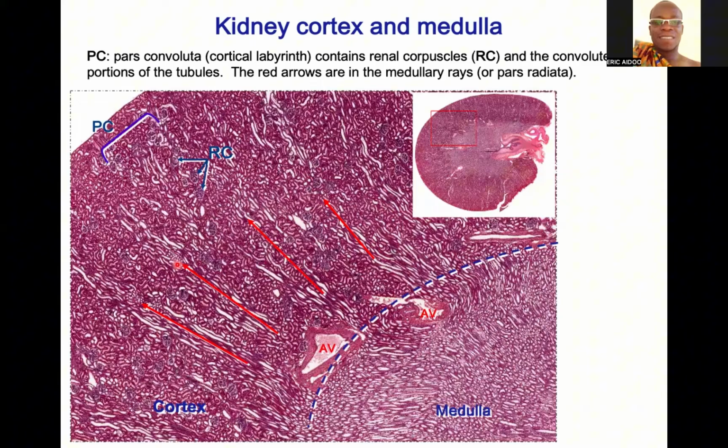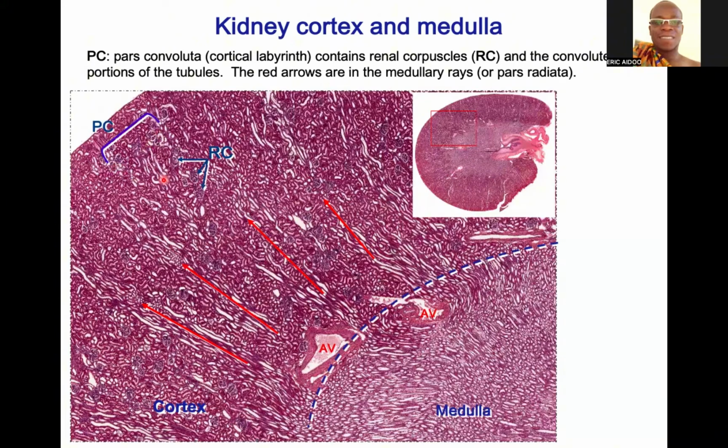And then also you have the medullary rays, also called the pars radiata. The red arrows are in the medullary rays. The tubules also have convolutions in addition to that of the glomeruli, as you have the proximal convoluted tubule and then distal convoluted tubules. So those also will appear as a cortical labyrinth.